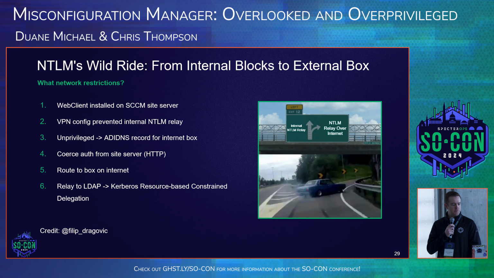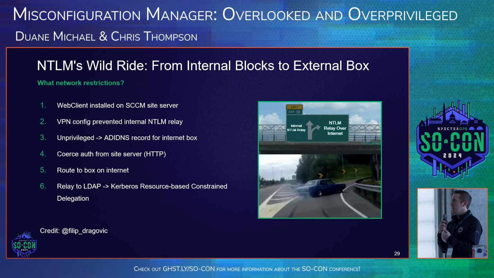This one was one that Philip Dragovich, sorry if I mispronounced that, told us about. So they were operating from a VPN client that was a client of SCCM. They saw that web client, so like WebDAV services were installed on the SCCM site server, which is not a default for Windows servers.